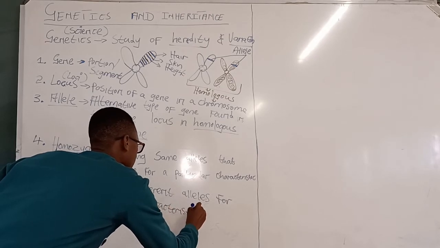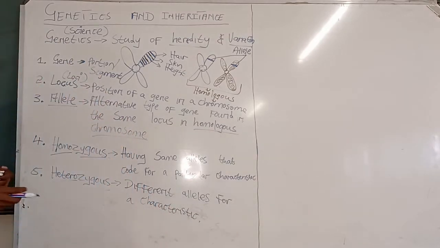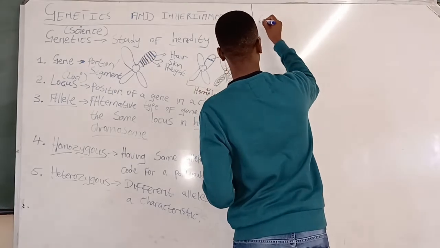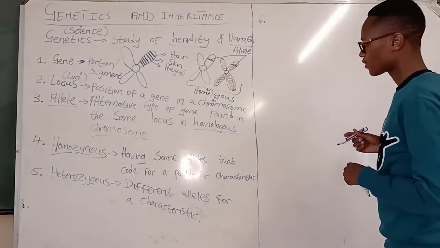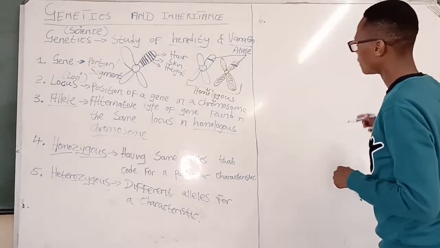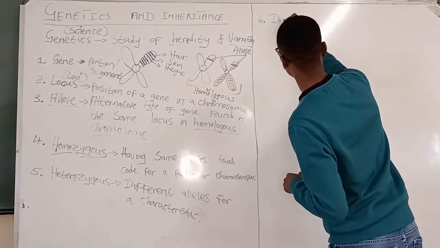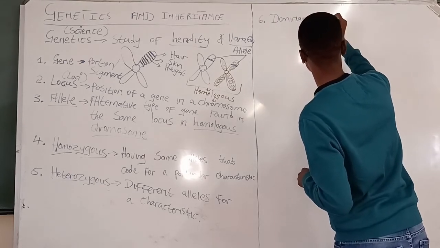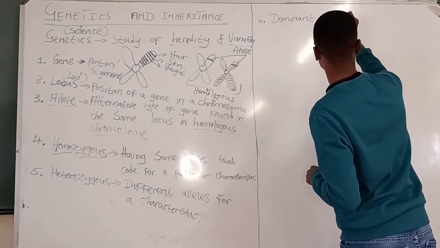Characteristic. So it means that it's all about having different alleles for a characteristic. And then now, another terminology we have to know is the dominant allele.